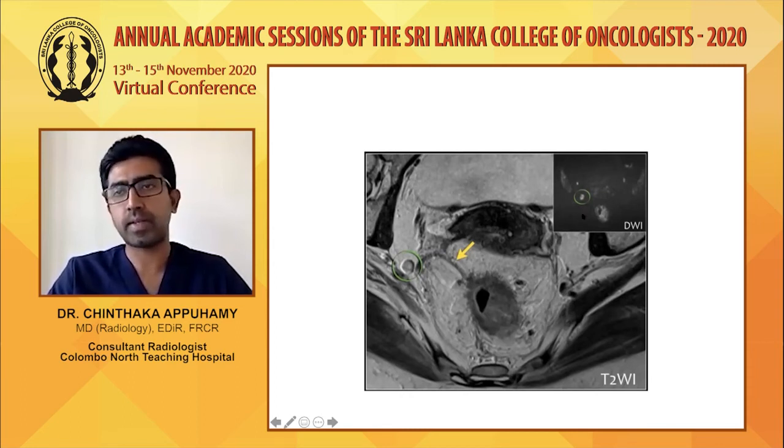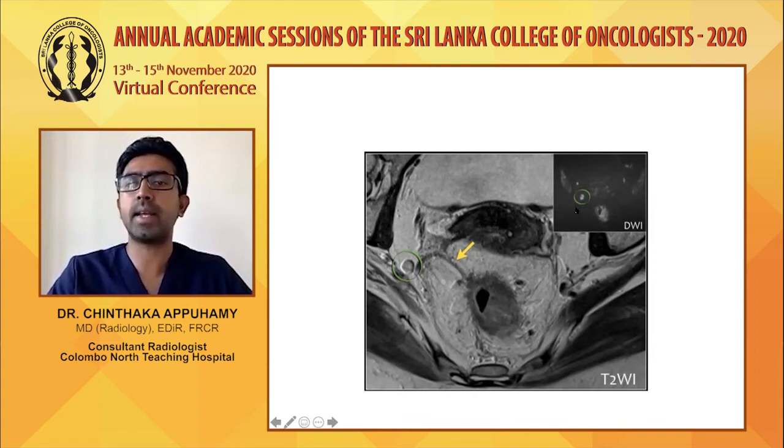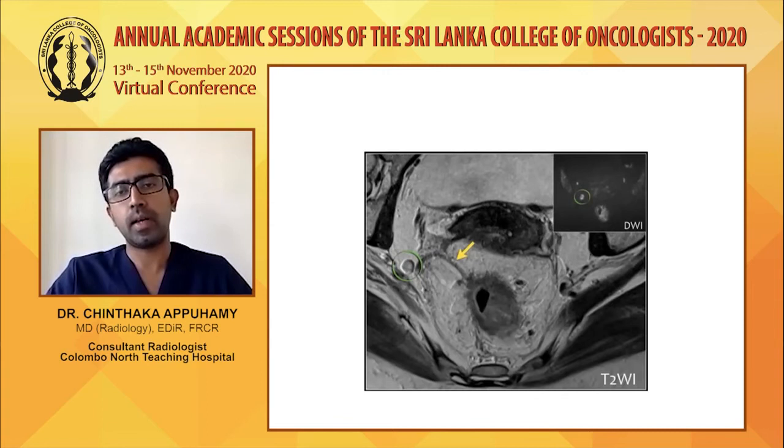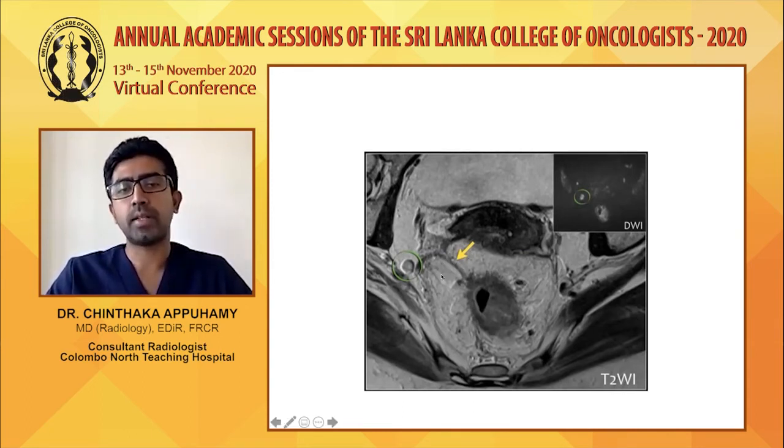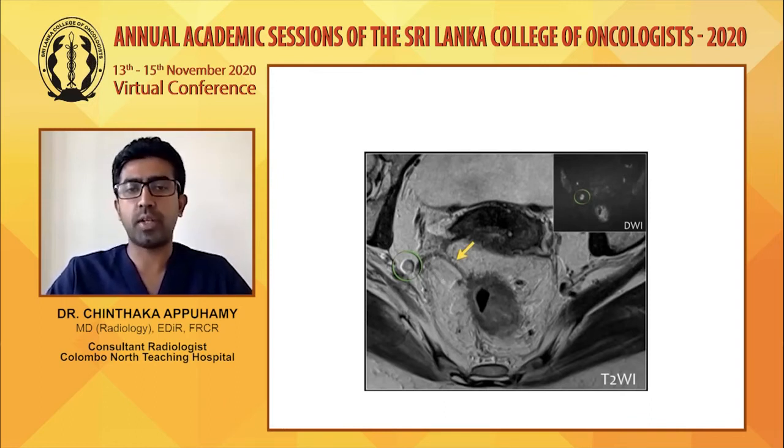In diffusion restriction, you see it as high signal intensity in DWI. So DWI imaging is again very important to differentiate malignant nodes from benign. Again, this yellow arrow demonstrates extramural vascular invasion.